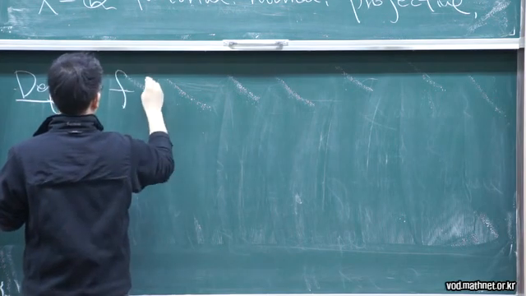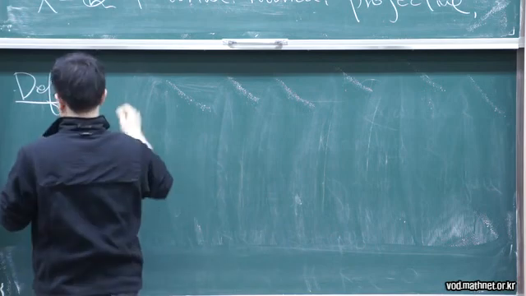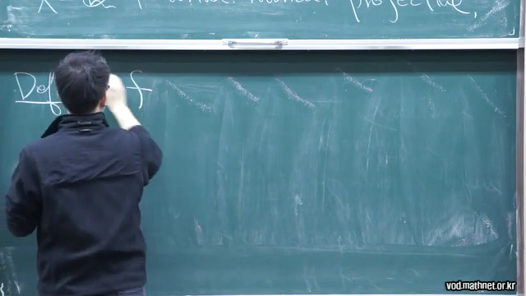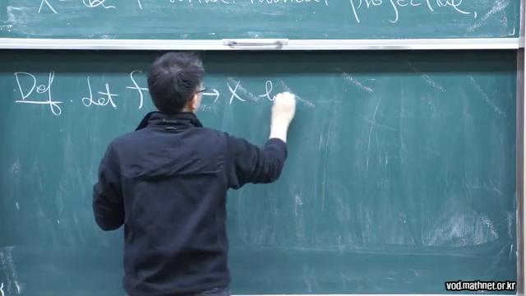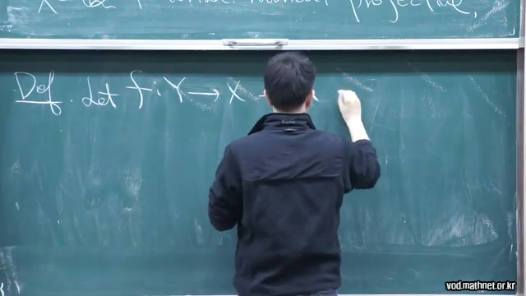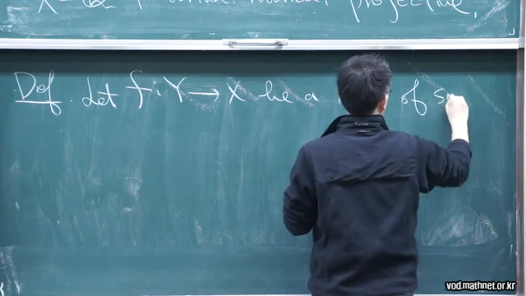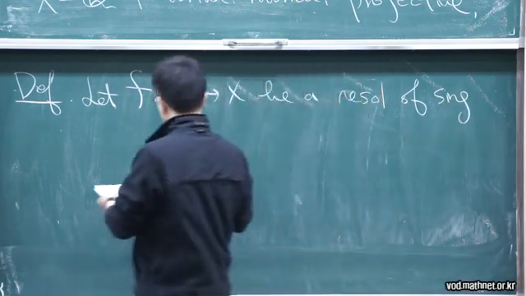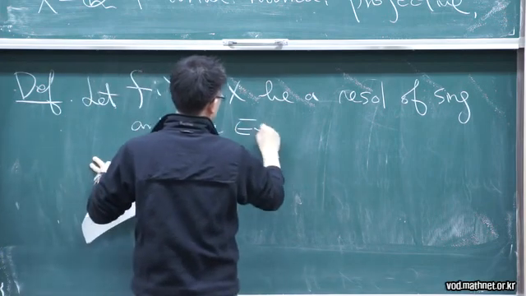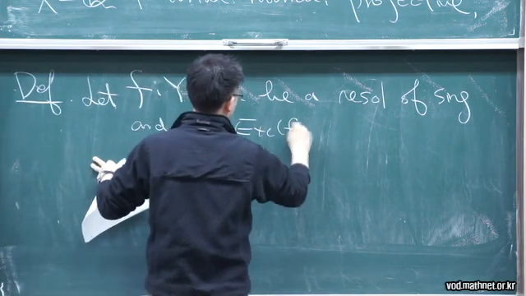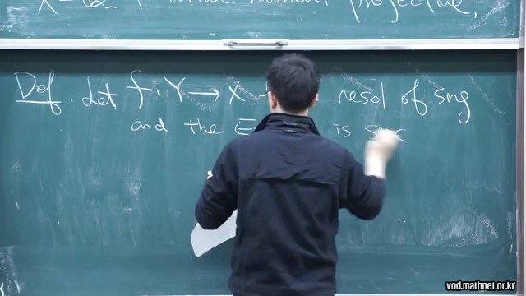Let f from Y to X be a resolution of singularities, where the exceptional divisors are simple normal crossing in their support.